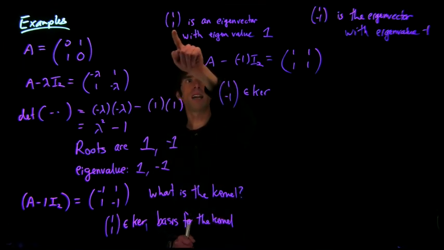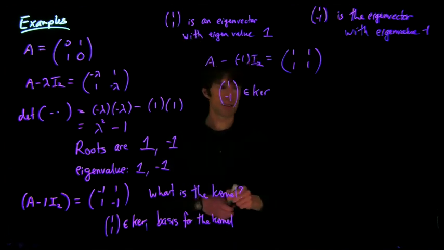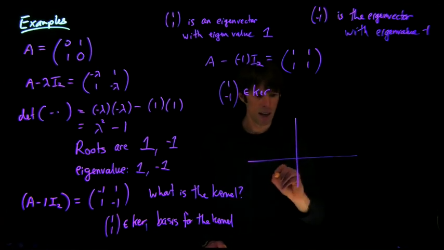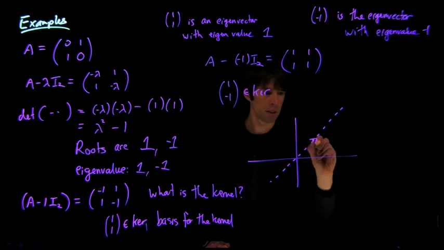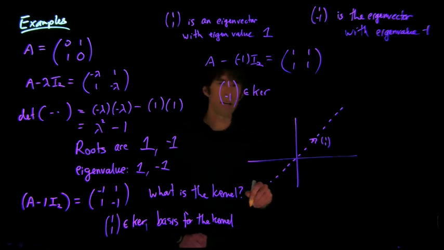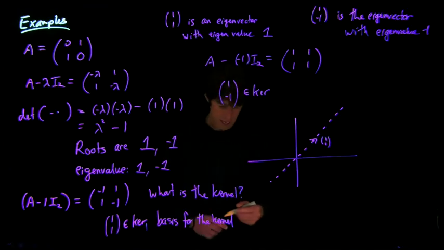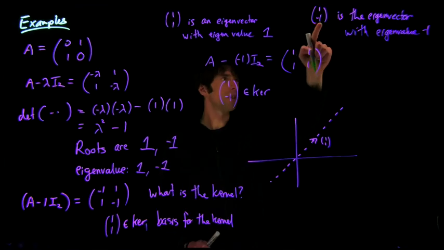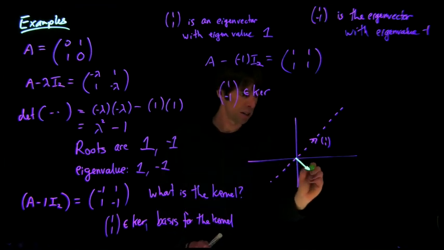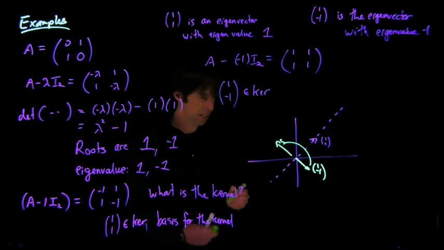So this is an eigenvector with eigenvalue 1. So anything along the line spanned by this, anything along this line, so there's my point 1, 1, is unchanged. It's fixed by this transformation. And anything along the line spanned by this vector, 1, minus 1, so that's down here, is reflected across to there.